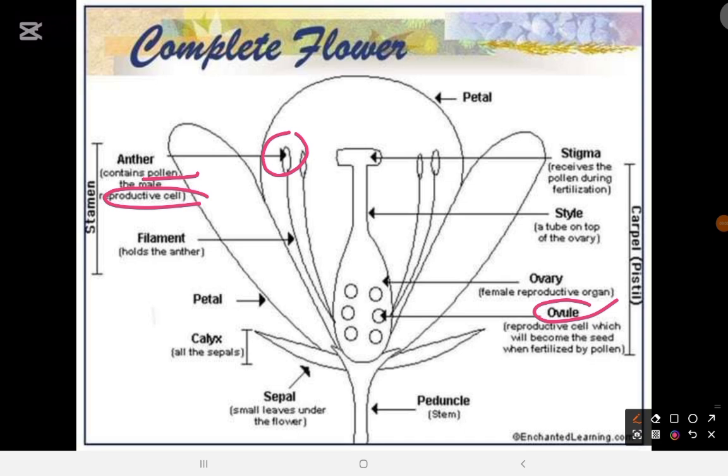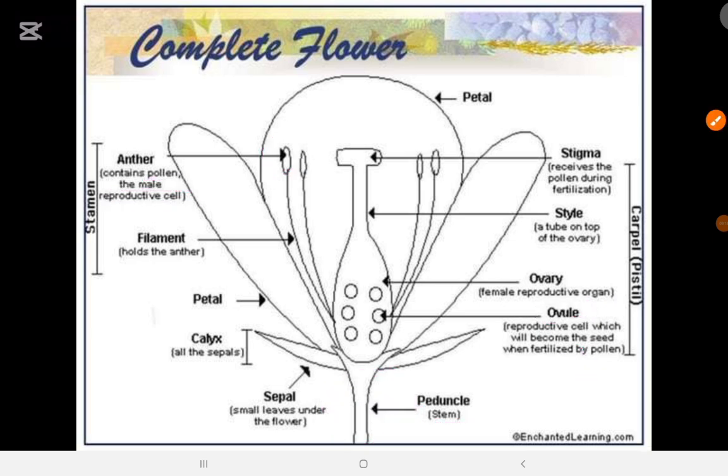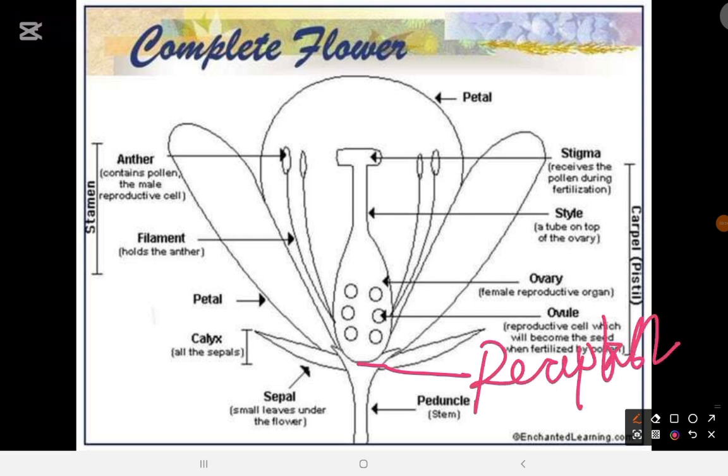We are going to get into that basically. Then the peduncle, or stalk, is the stem of the flower, the point of its attachment to the branch on the plant itself. There is also a portion known as the receptacle, which bears all the parts you see on top of it here.